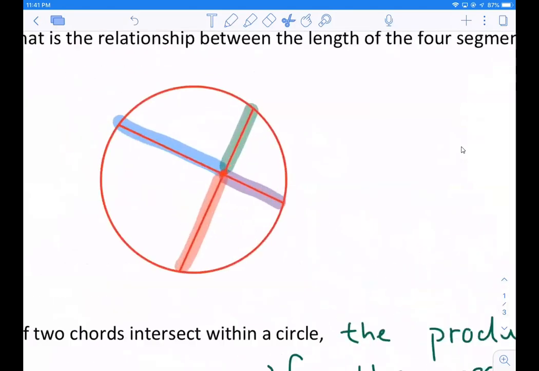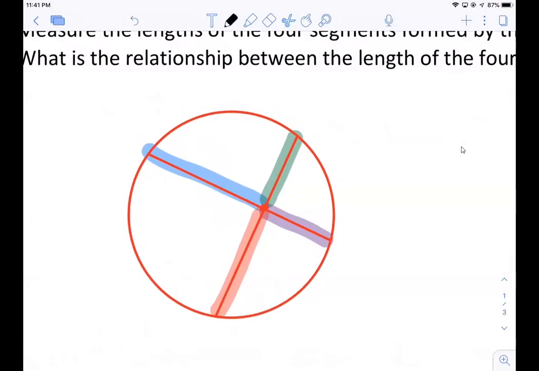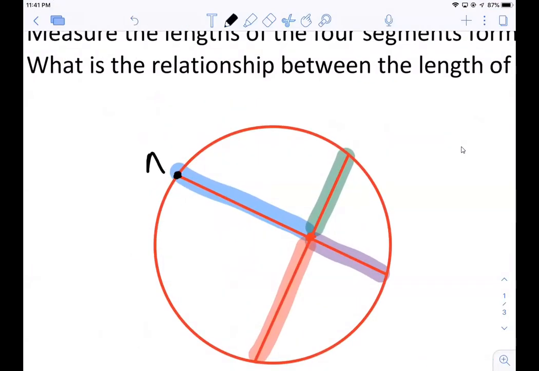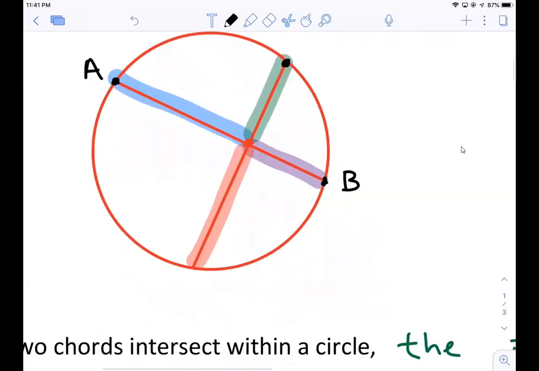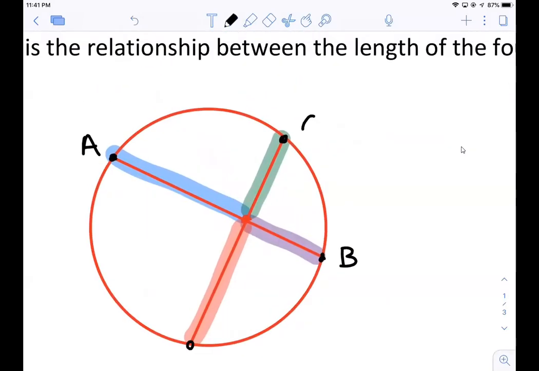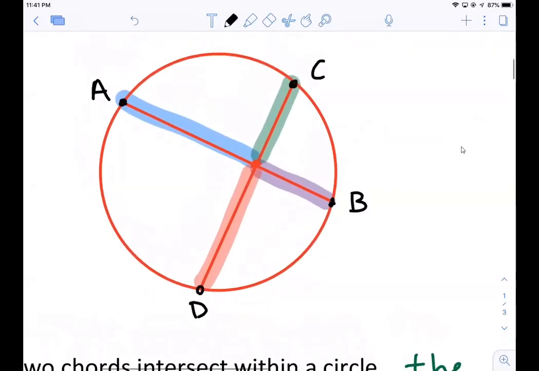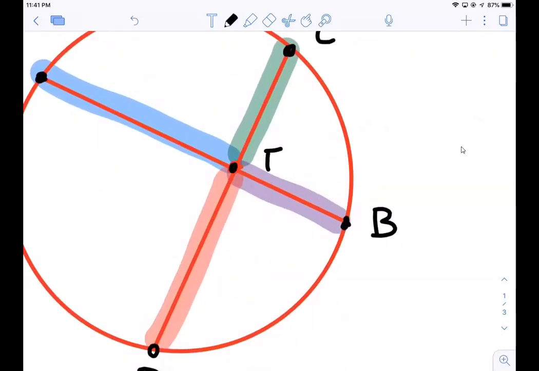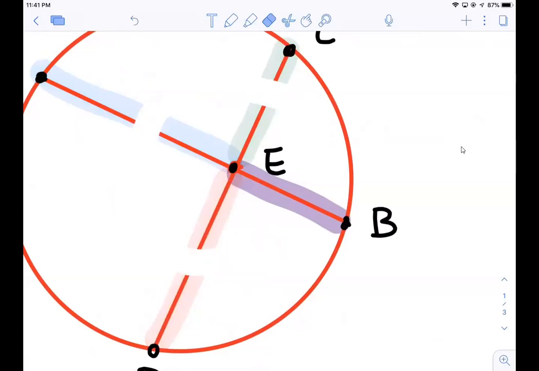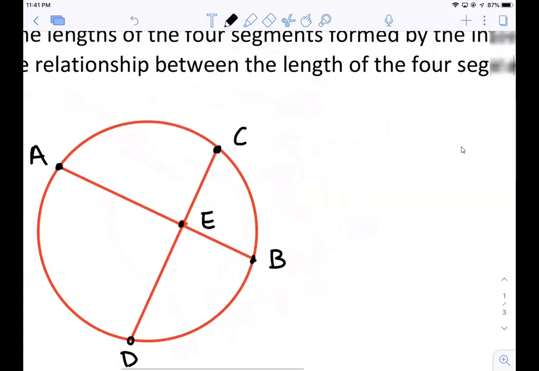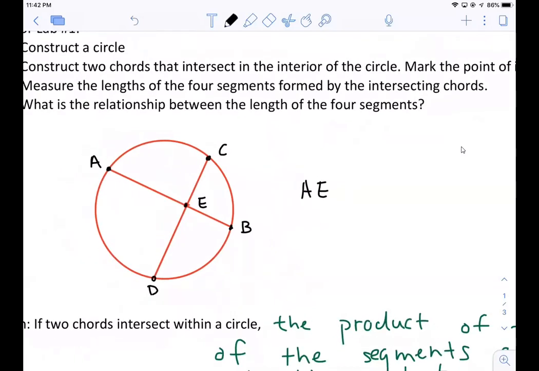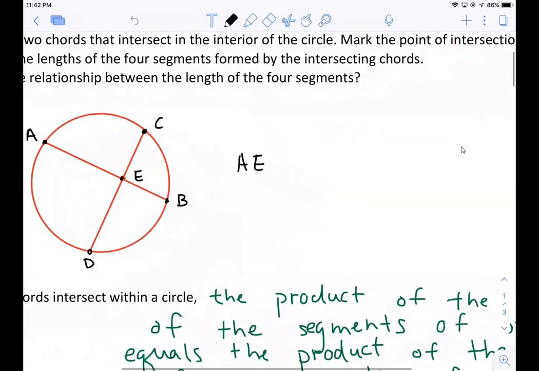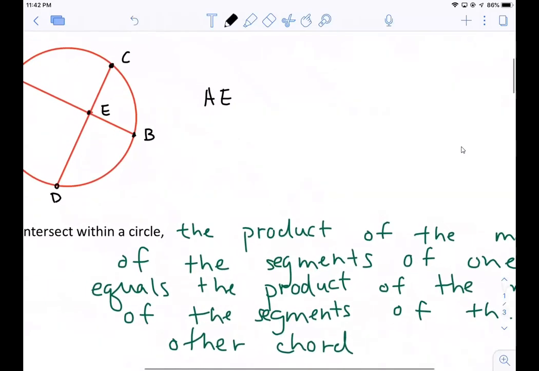Let me label the points here. Let's call this chord AB, and let's call this chord CD, intersecting at E. That theorem is saying that AE, I think you guys can fill in the rest, but the product of the measures of the segments of one chord.